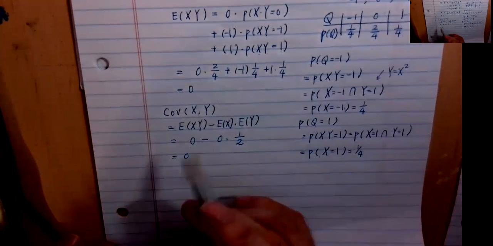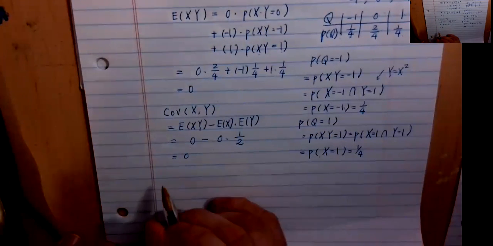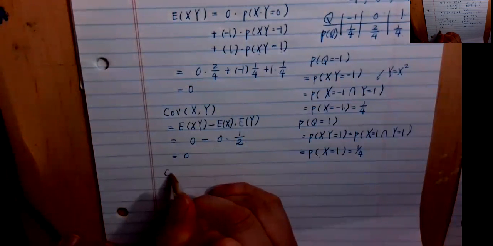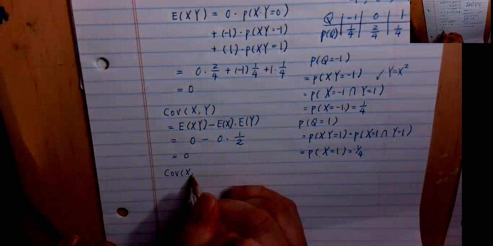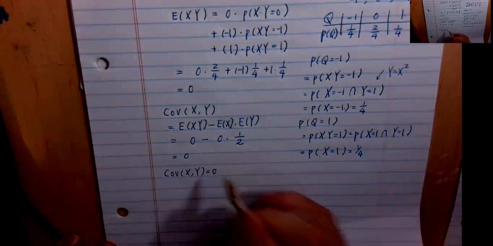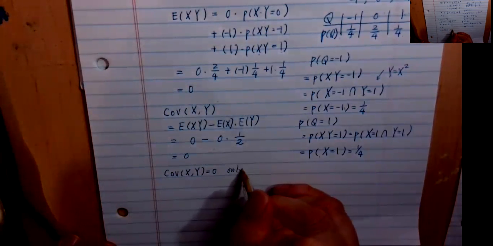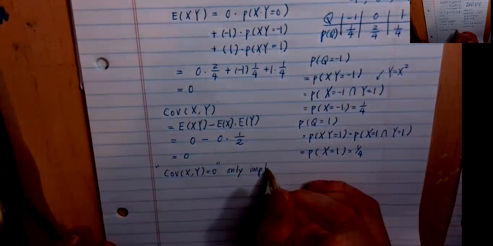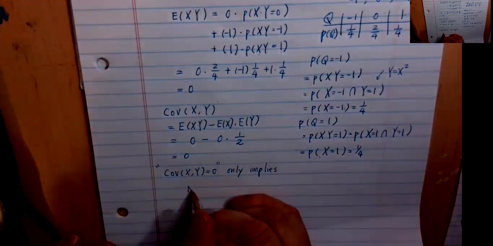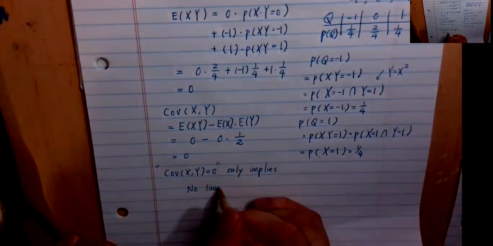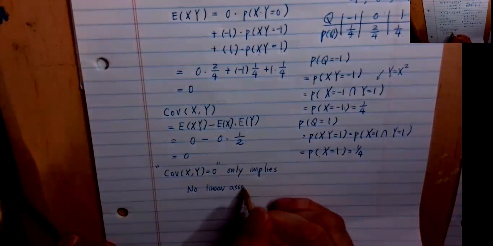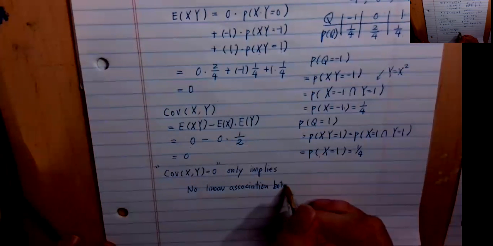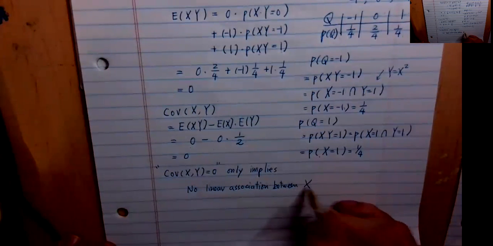So you can see covariance of x and y equal to 0 only implies no linear association between x and y.